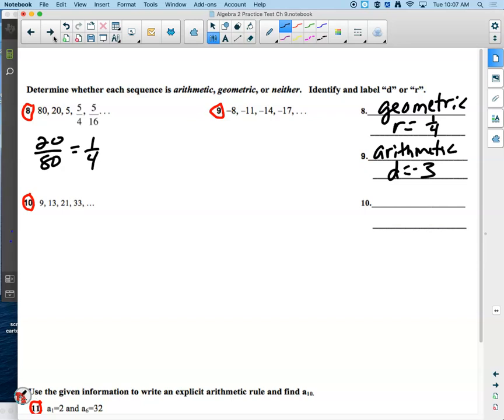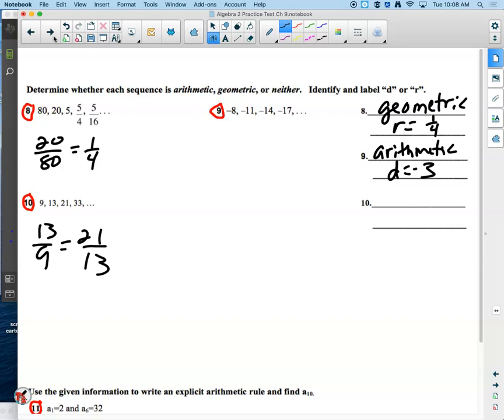How about 10? Take a peek. Yeah, doesn't fit. They're obviously not adding the same amount every time. And if we take 13 and divide it by 9, that's not the same thing as 21 over 13.